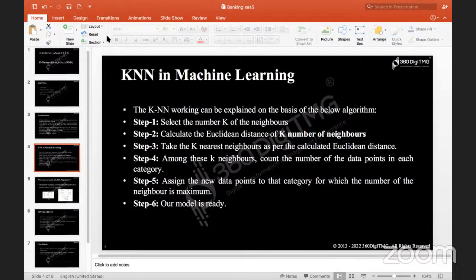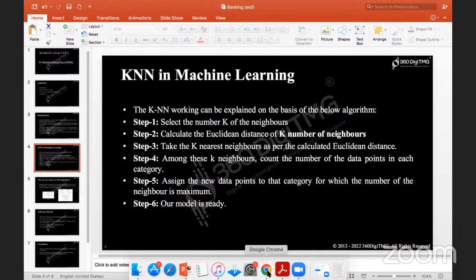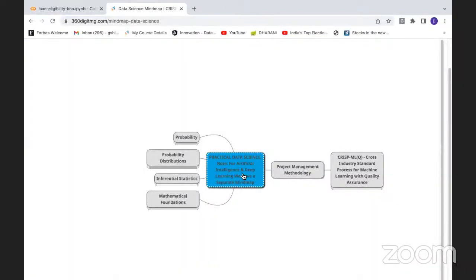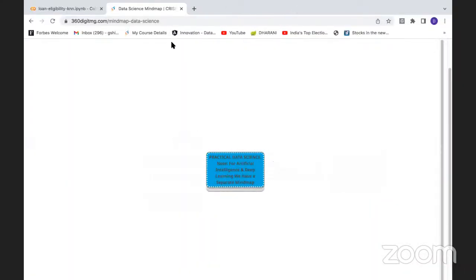So if at all you have two different groups, here you have the star marks, and here you have the diamond shape.